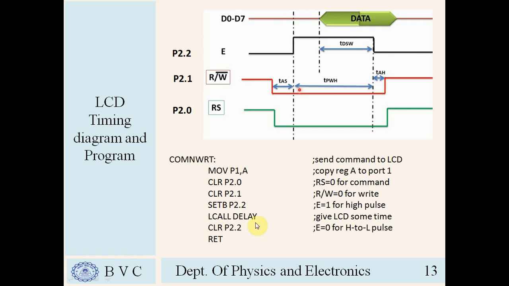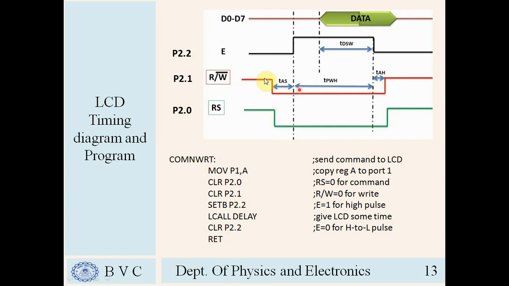So the enable pin is made high using that instruction. Then LCALL delay, delay is a program, and after a certain amount of time delay, clear P2.2. So the enable pin is made low. A high to low pulse will enable the data to go into that command register.